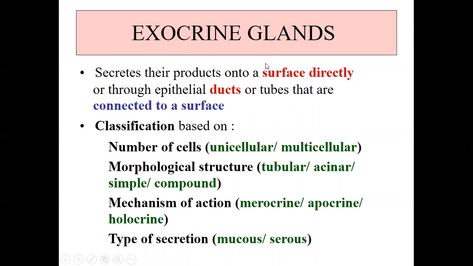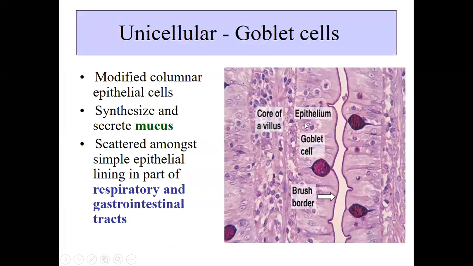The classification of the exocrine gland is based on the number of cells, unicellular or multicellular, as I mentioned earlier. Morphological structure: tubular, acinar, simple or compound. Mechanism of action: merocrine, apocrine, and holocrine. And also based on the type of secretion, mucus or serous.